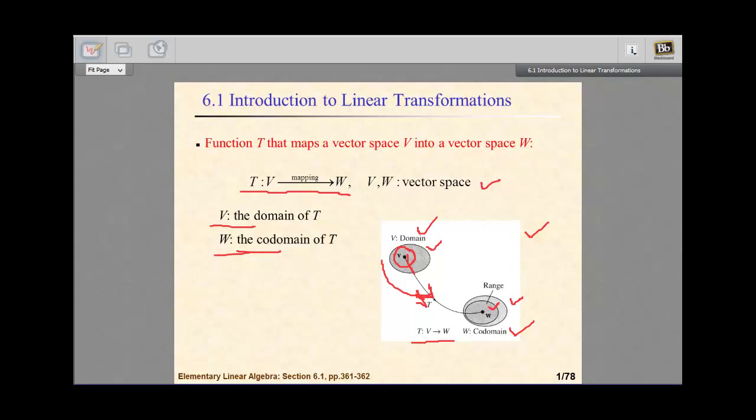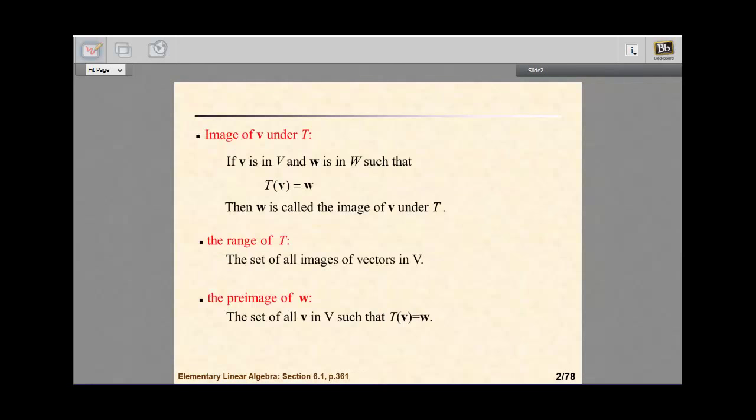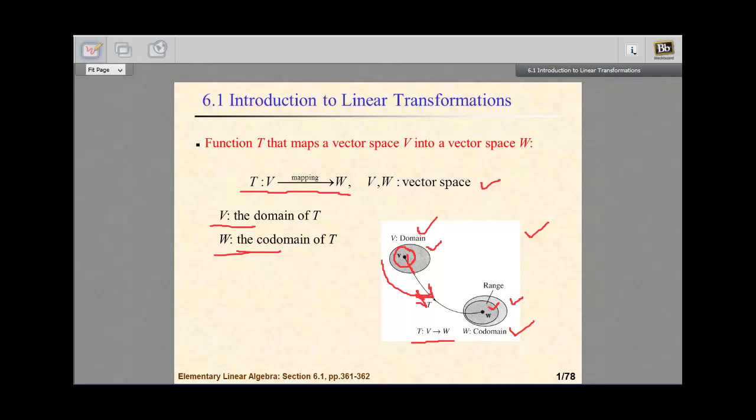Now we will discuss some more definitions. Image of V under T. If v is in V, capital V, and w is in capital W, such that the transformation of v is equal to w, then we can see this definition from this picture.